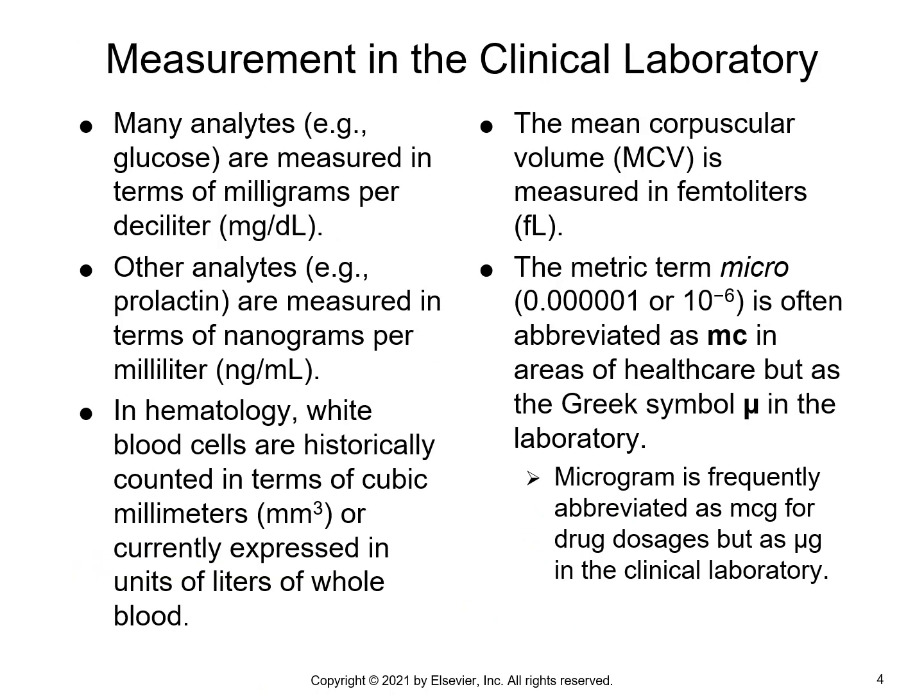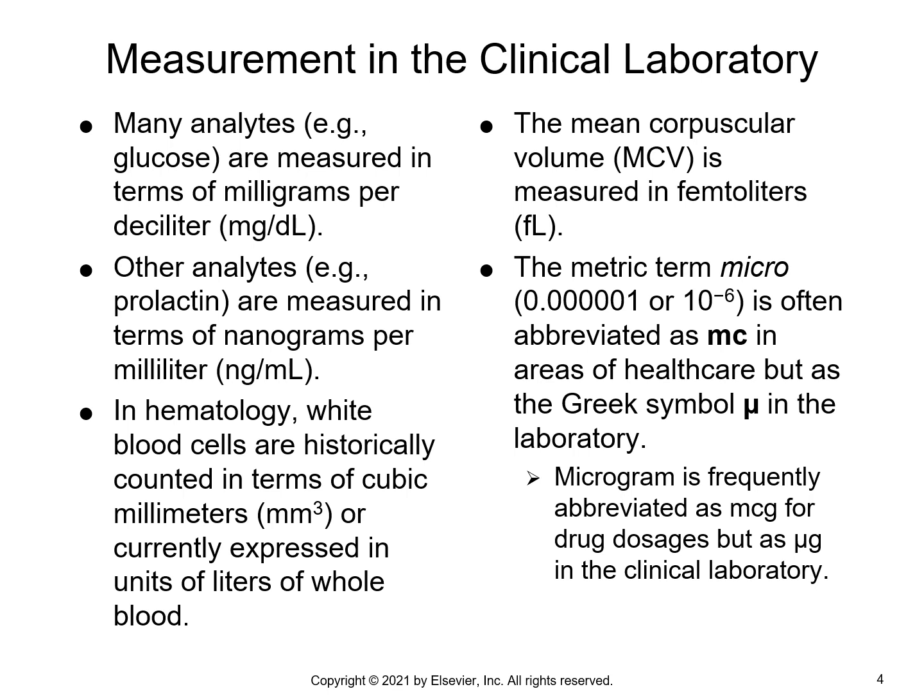Once we start looking at some of the different analytes that we measure in the clinical laboratory, you'll start seeing more of these figures, and you'll understand how most of these are measured. When we're looking for a particular analyte, we're looking for how much of it is in that volume of the sample being tested. It may be measured in milligrams per deciliter or possibly nanograms per milliliter.